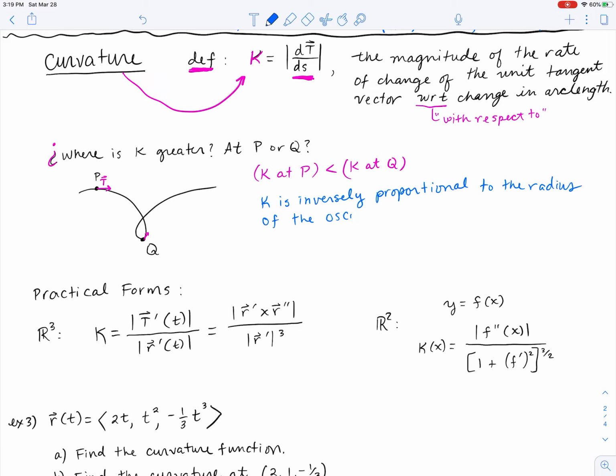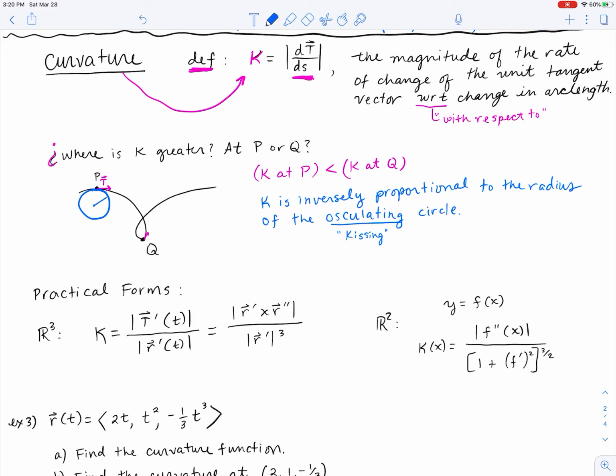So let me back up here. Osculating circle. This word osculating actually means kissing. And so it's kind of like a tangent circle. It's like the best fit circle that takes up as much of the curve, if that makes sense.